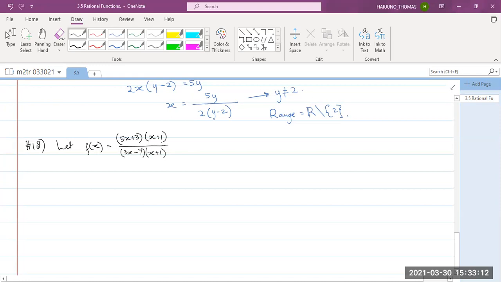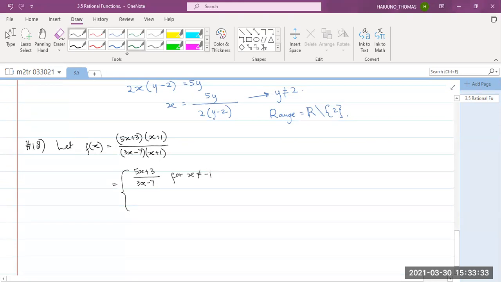Now, notice that this is the original rational function, which simplifies to be (5x plus 3) over (3x minus 7) for x not equal to -1.